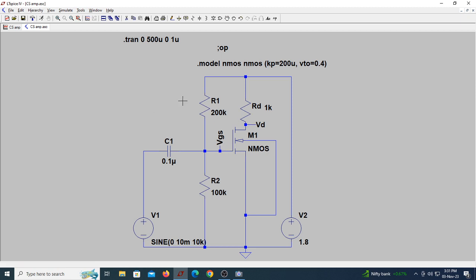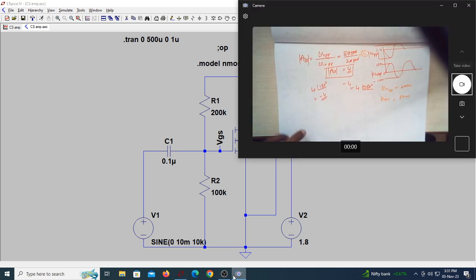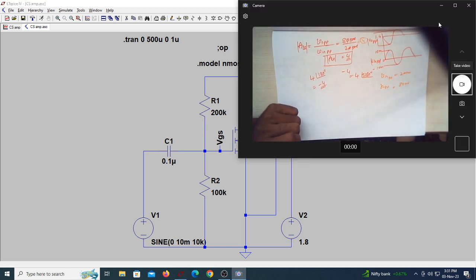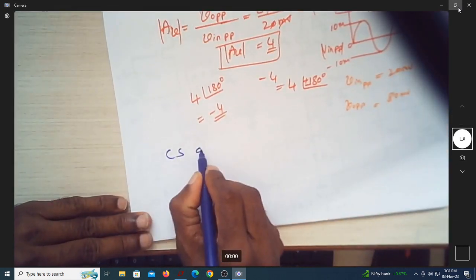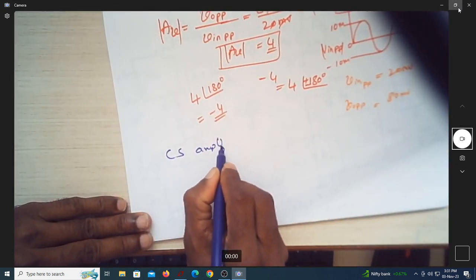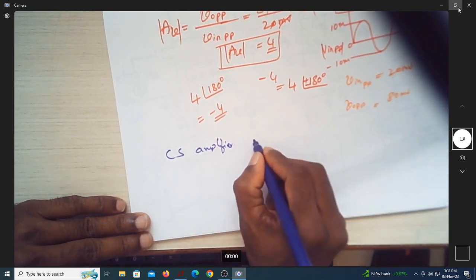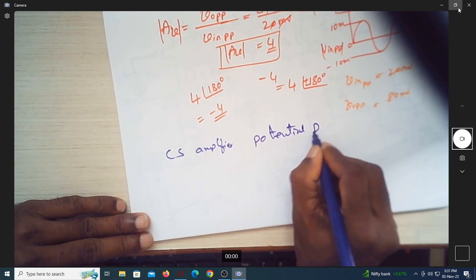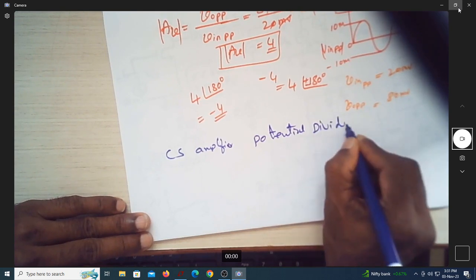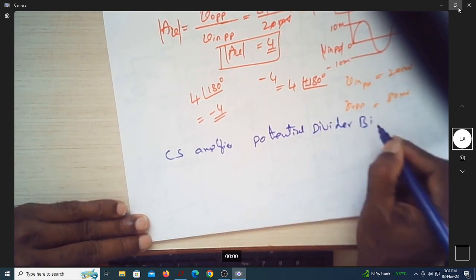So that's why the name of this amplifier is CS amplifier with potential divider biasing. So let me just write it here. You have a CS amplifier with potential divider bias.